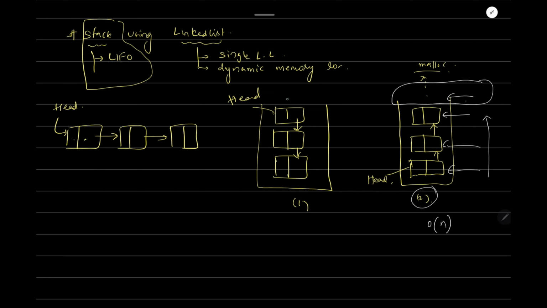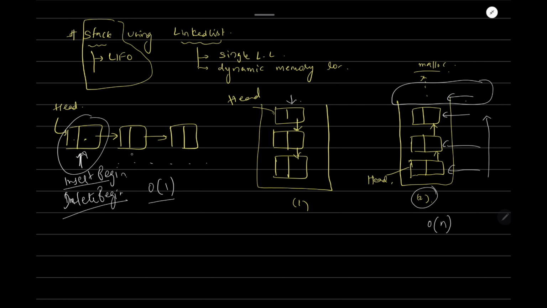If we are adding at the head itself, we need not traverse any further. We can directly insert at begin or delete at begin. So we can only insert or delete or perform operations of stack at the beginning, the head of the linked list. In this case the complexity is order of 1, because we are not traversing.